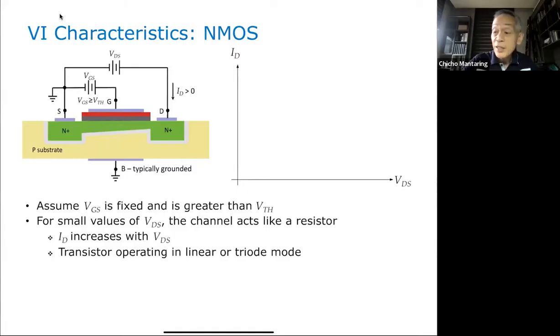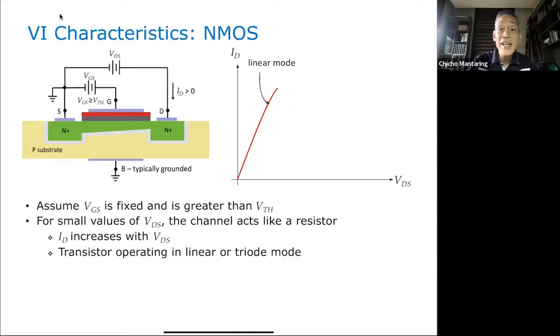Okay, this channel acts like a resistor. Initially, this acts like a resistor. So what are the characteristics of a resistor? If you increase the voltage, you increase the current. No? Ohm's law, V is equal to IR. So we call this the linear mode of operation. Notice that as you increase the voltage, you're increasing the current.